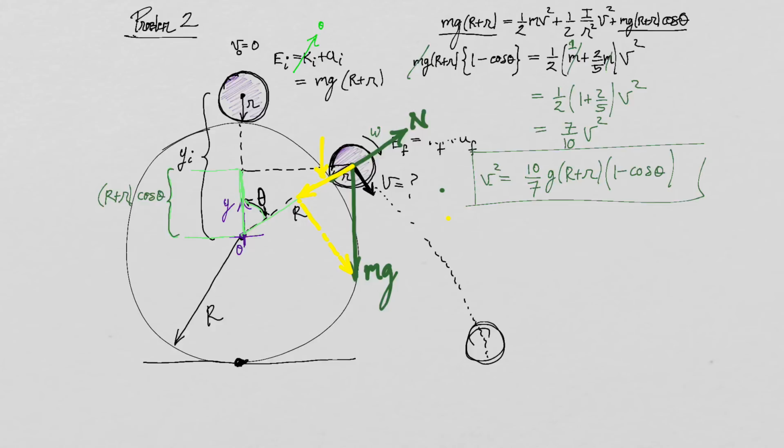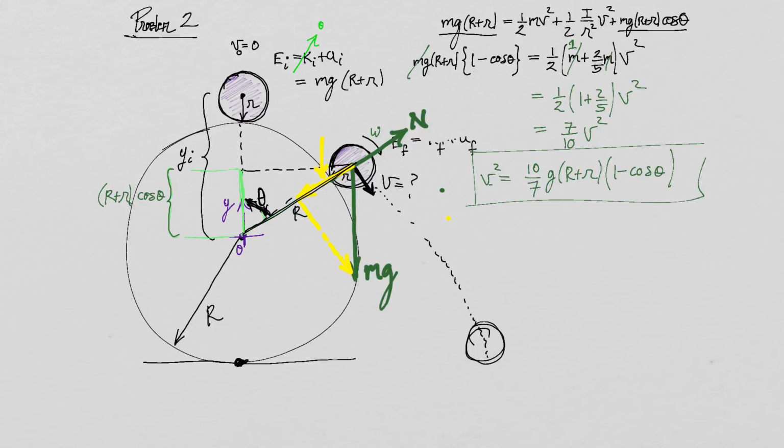Alright, so I think you can see with a little bit of geometry that if this angle is theta over here, then the angle theta also appears here.